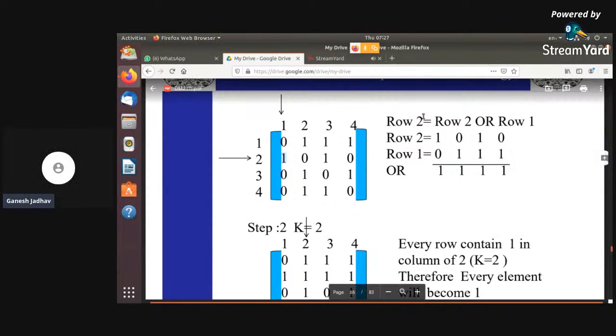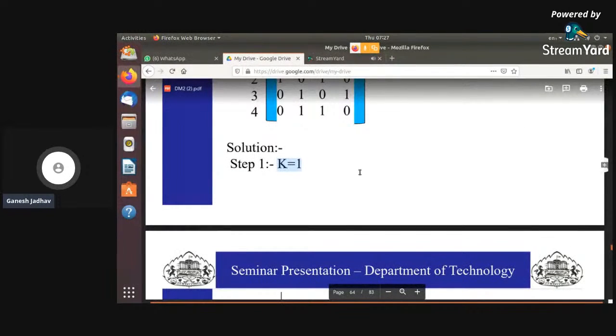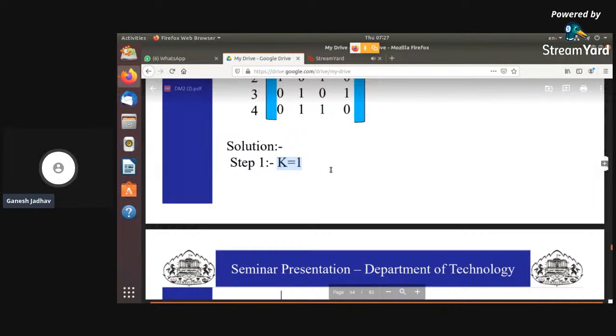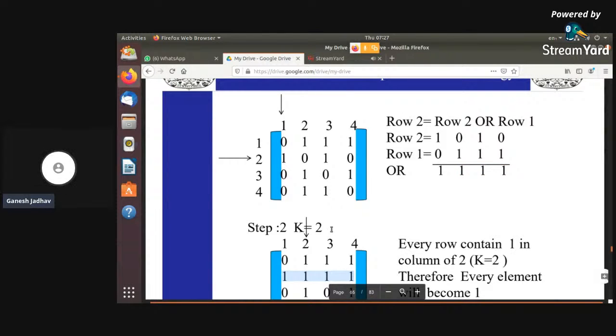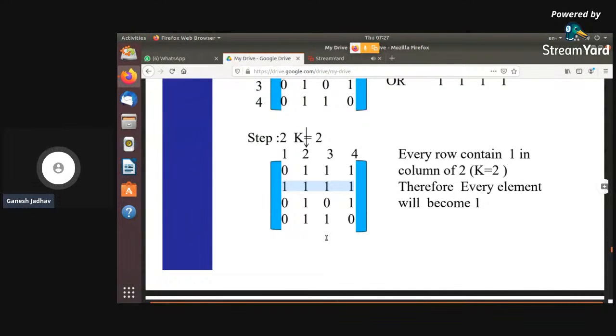So there is a modification in row 2. The operation is of row 1 with row 2: it is row 2 because the 1 is here, and it is row 1 because the value of k is equal to 1. So the operation between row 2 and row 1 gives you modified row 2. You can simply write modified row 2 here and all other rows as per the above matrix.